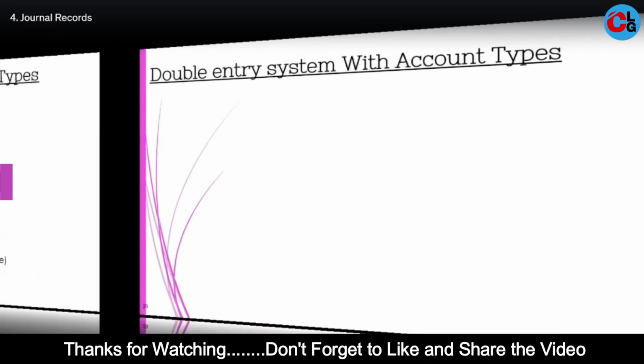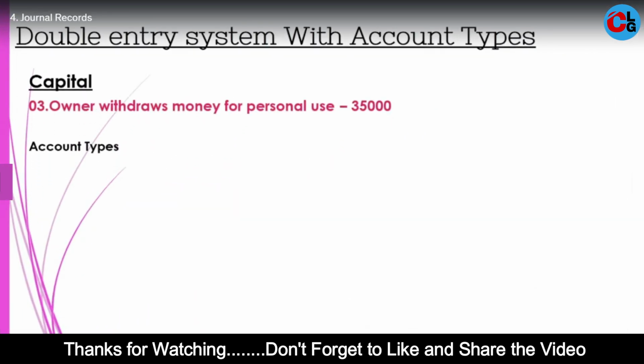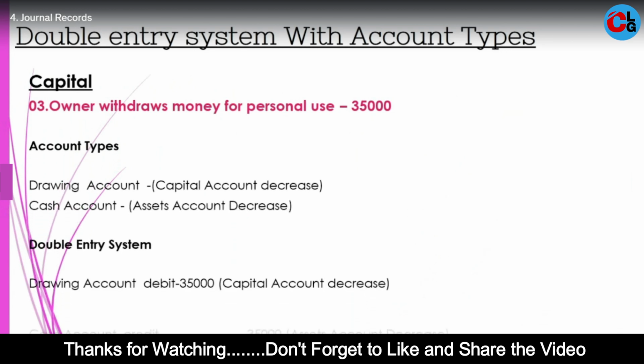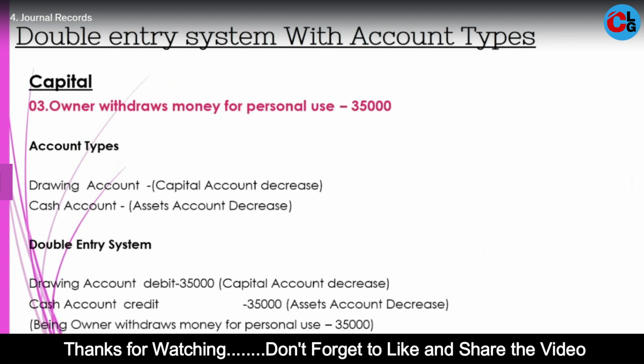Okay. So the next one is the capital account type example. The owner withdraws money for personal use, 35,000. Alright. So when the owner withdraws, we say drawing, right?